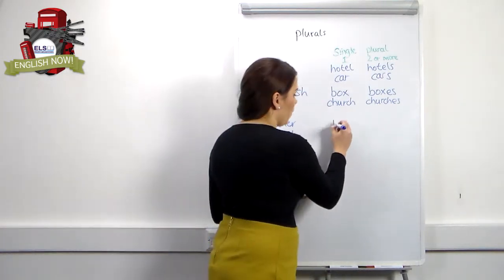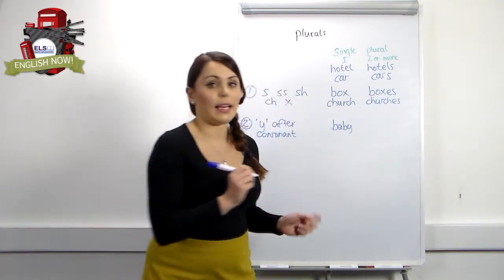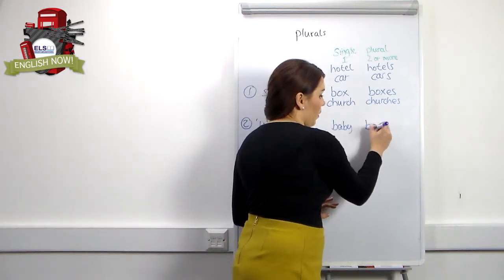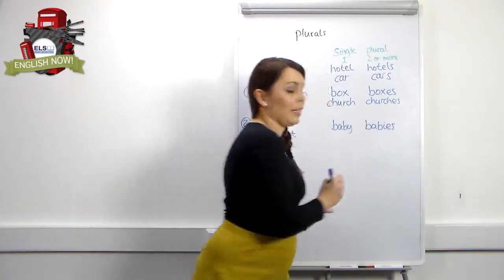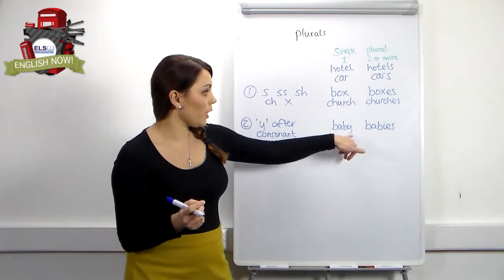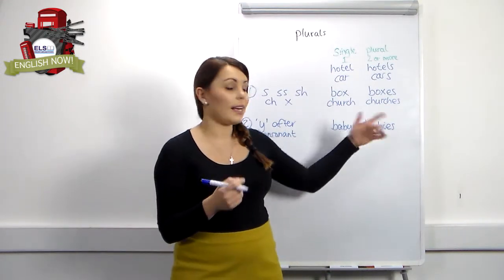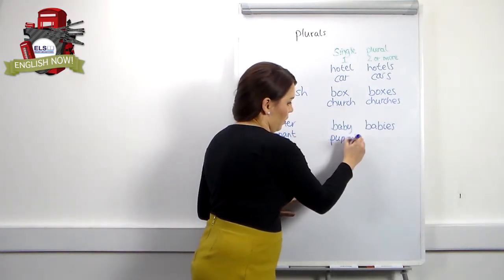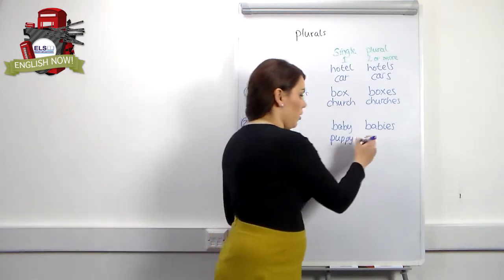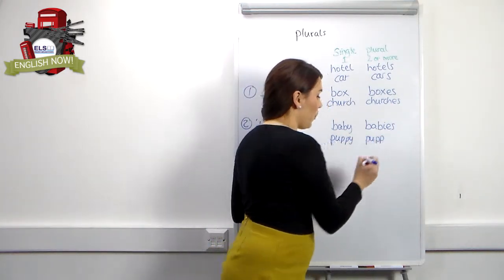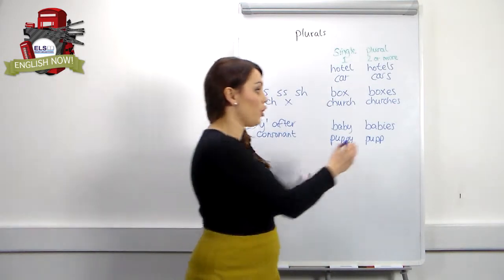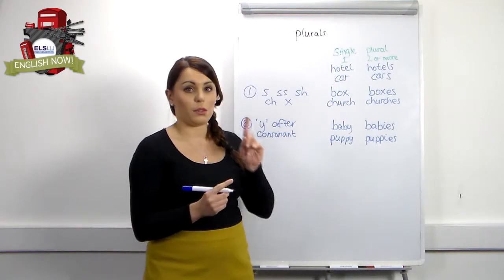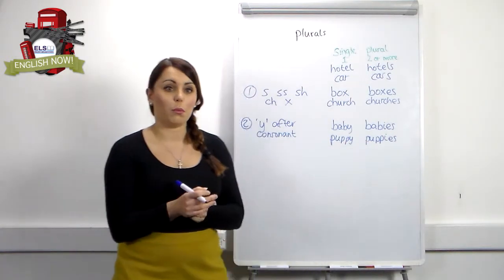For example, I have one baby, or I have two babies. We've changed the y to an i and added es. The same for puppy, which is a baby dog. Puppy becomes puppies. Remove the y, change it to an i and add es. Puppy is one, puppies is two or more.